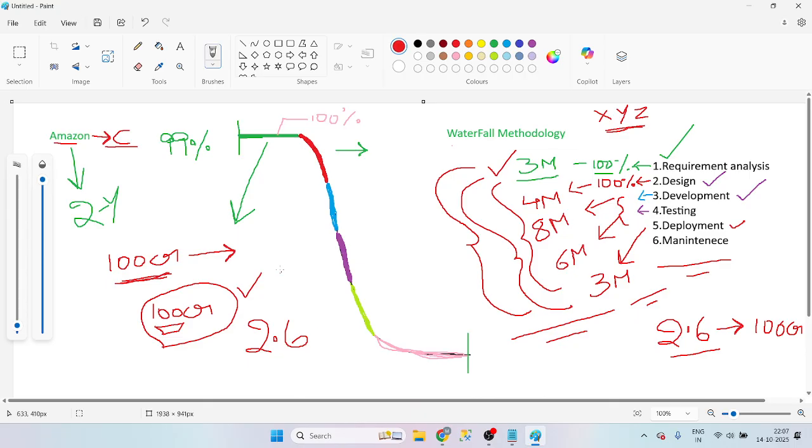Now, within 2.9 months, like in 3 months, I got 10 CR back. That is not profit, that is my payment. Still I need 90 CR. To get this 90 CR, at least I need one year, right? Around 4 years, I get my money back.